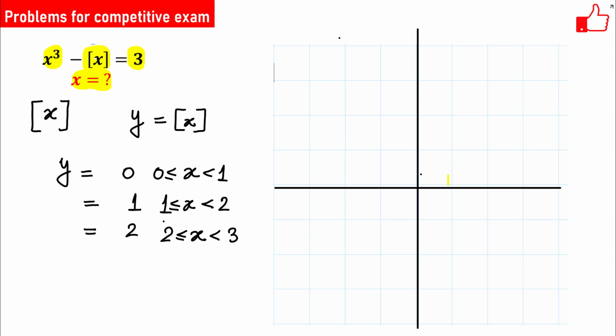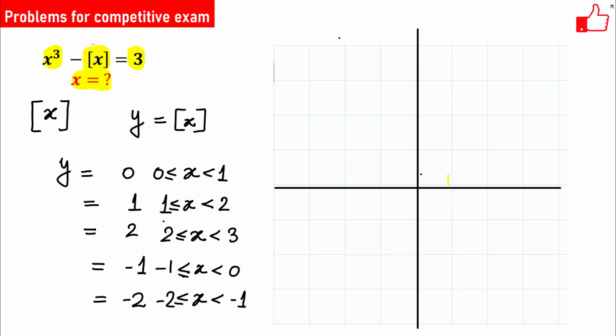You see there is not an equality sign on the upper limit. Similarly on the negative side, if x lies between minus 1 and 0, then this value is minus 1. And if x lies between minus 2 and minus 1, this value is minus 2.